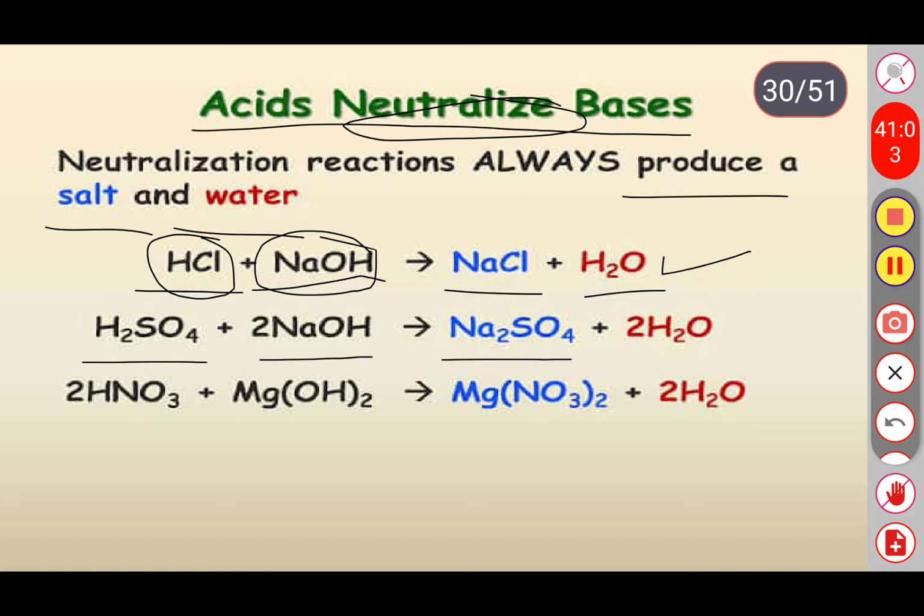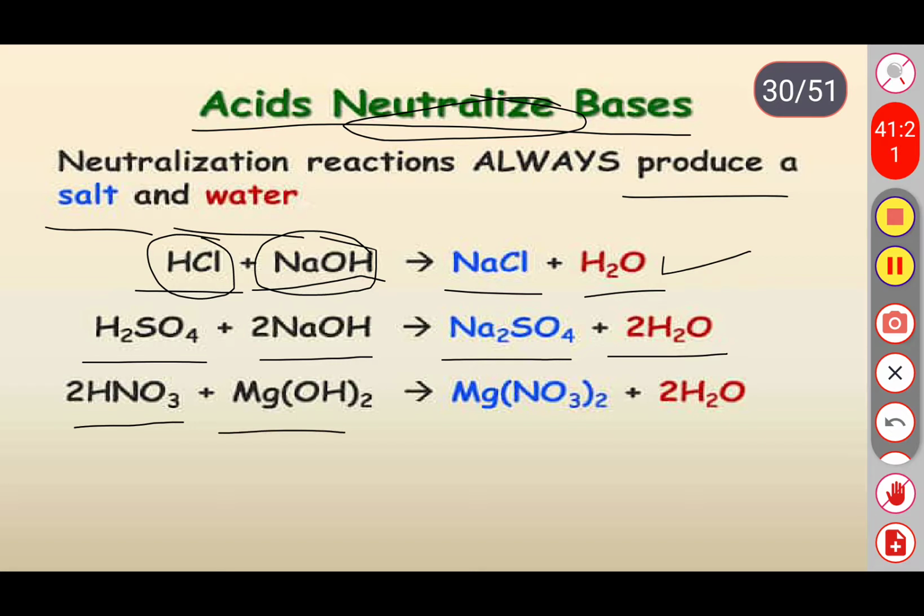Next one, HNO3 twice. It means nitric acid is combined with magnesium hydroxide. It forms MgNO3 and water.